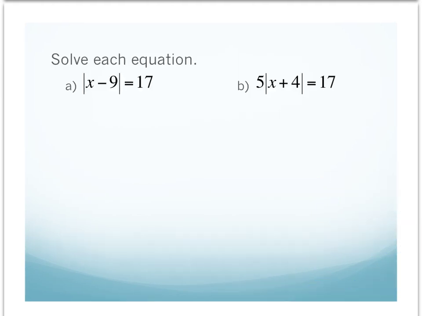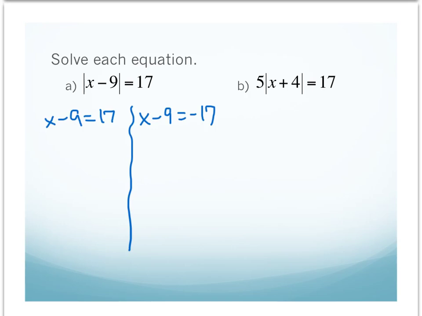When you're solving absolute value equations, you're actually going to solve two problems. You're going to split it up, and in this case in part A, you're going to set x minus 9 equal to a positive 17, and x minus 9 equal to a negative 17.